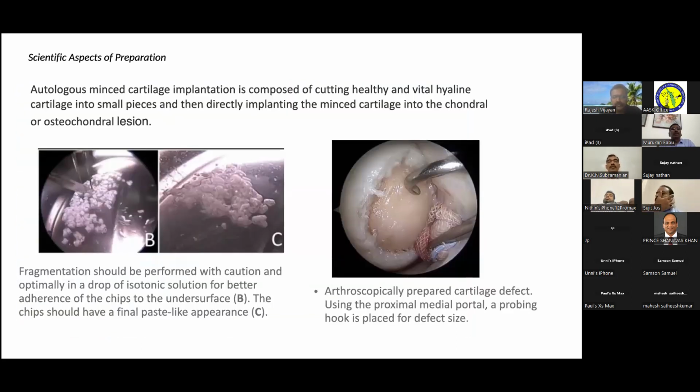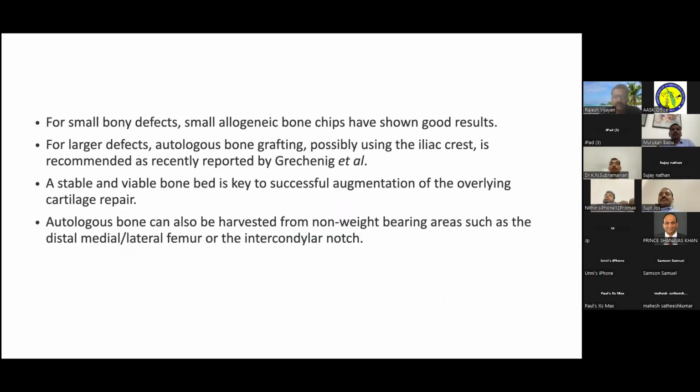These are the described techniques where you try to mince the cartilage, and you can mix some bone also along with the cancellous bone, and dry the area with a dry arthroscope if you are doing it arthroscopically, and you can paste it nicely over the defective area. For small bony defects, you can use allogenic bone chips also.